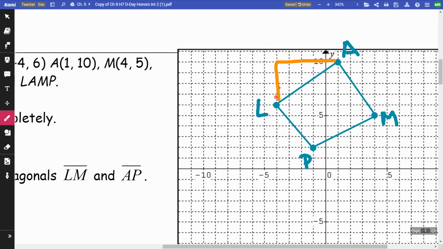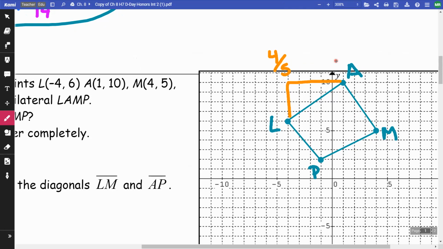So for this one, we went up 1, 2, 3, 4 over 1, 2, 3, 4, 5. So that slope is 4 over 5. Now, if I'm doing Pythagorean to end up finding the length, the math I'm going to be doing is 4 squared plus 5 squared.